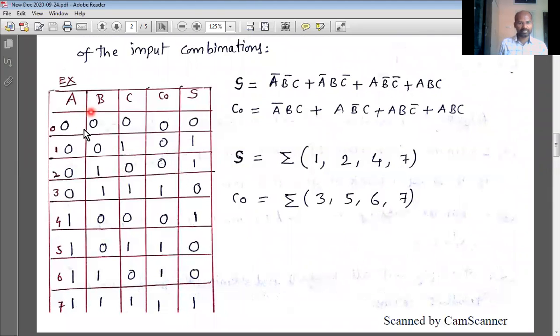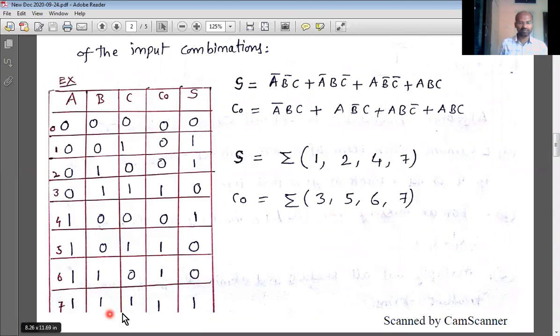This is ABC and these are the possible input combinations: 0, 0, 0, 0, 0, 1, all the way to 1, 1, 1. For the input combination 0, 0, 0, sum is 0, carry is 0. Let's say for the input combination 1, 0, 0, sum is 1, carry 0. For the input combination 1, 1, 0, sum is 0, carry 1.